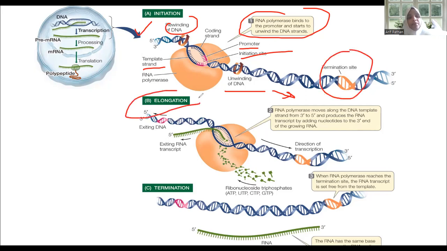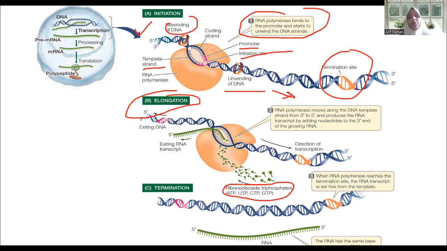Then in the elongation part, what will happen? Just adding of the ribonucleotides. You can see over here the RNA nucleotides, that is adenosine triphosphate, uracil triphosphate, cytosine triphosphate. Just as we discussed in DNA polymerase, one nucleotide comes and binds to the growing daughter strand.